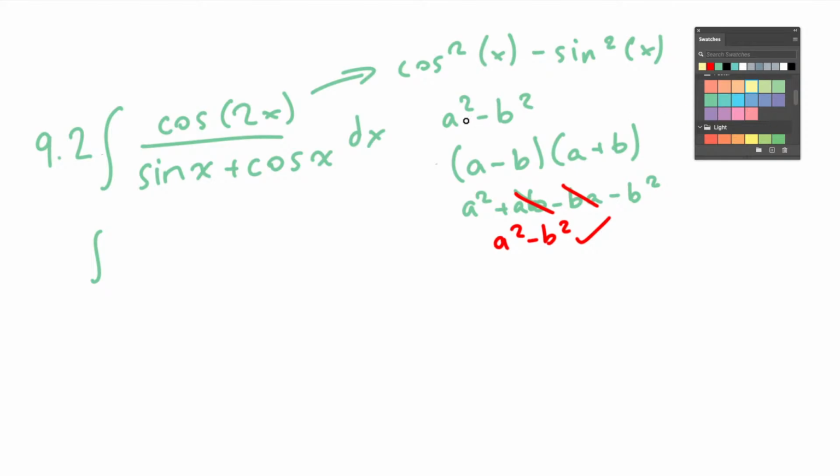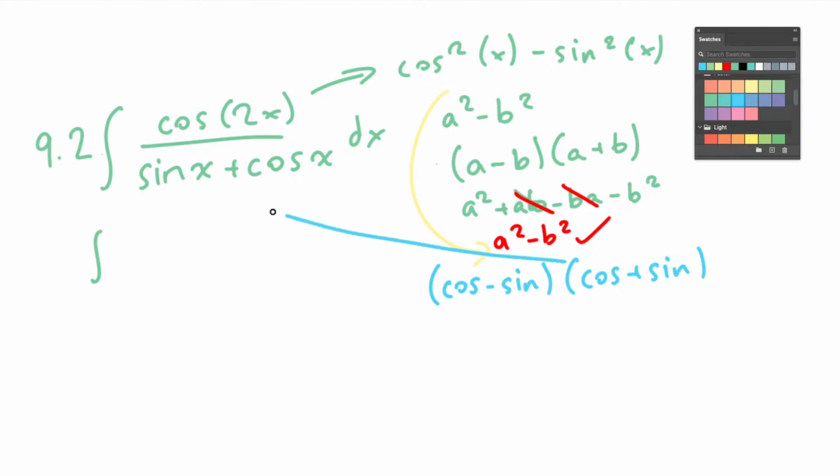That means this applies. So you get a very nice cosine minus sine times cosine plus sine. This is the same as that.